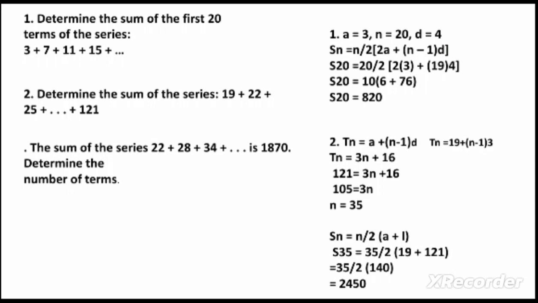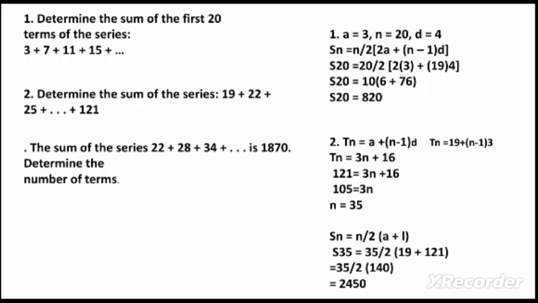So let's write our formula as Sn equals n divided by 2, open bracket 2a plus open bracket n minus 1, close bracket d, the difference. So let's substitute: n, 20 terms, 20, and then a, that is the first term, 3, and then our n is 20.